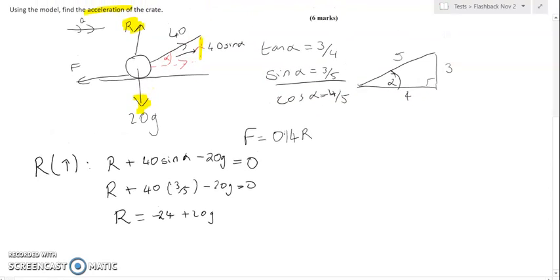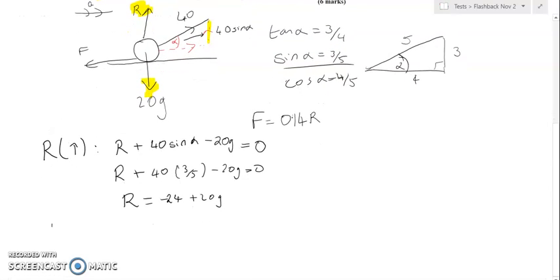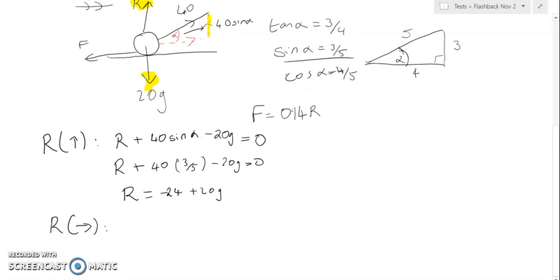So remember, we're trying to work out the acceleration, but the acceleration is in the horizontal direction, so we should probably resolve horizontally. I've taken right as positive in this case. So what's pulling it to the right? Well, that's this horizontal component here, and then what's pulling it back? Friction, and those are the only two forces acting in the horizontal plane.